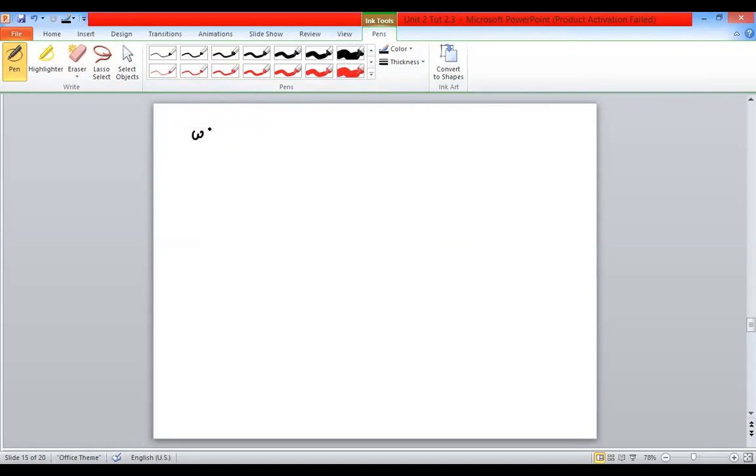So the width of the track is just R2 minus R1. Always subtract the smaller quantity from the bigger quantity, because the width is always positive.